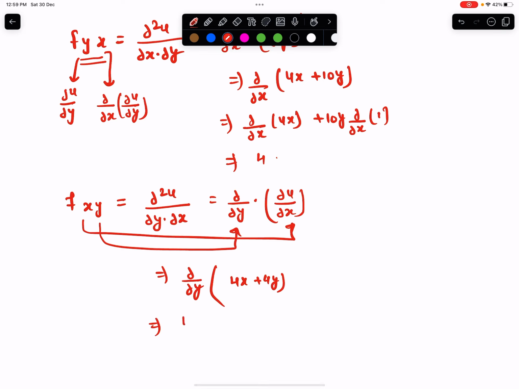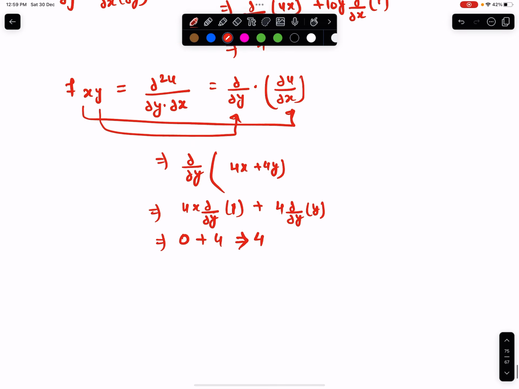That equals 4x ∂/∂y of 1, plus, taking 4 as a constant, 4 ∂/∂y of y. So this is 4x into 0 plus 4, that equals 4. So this is our answer.